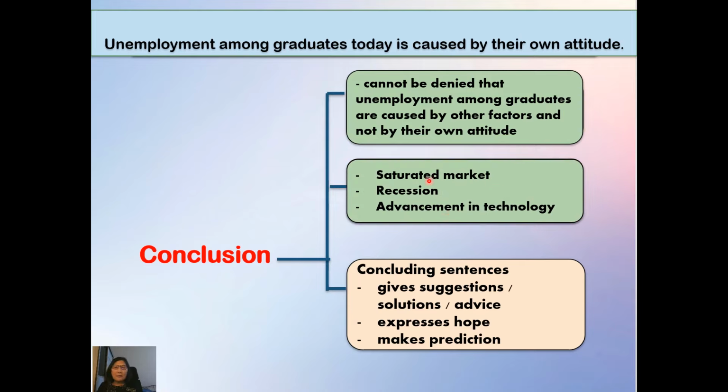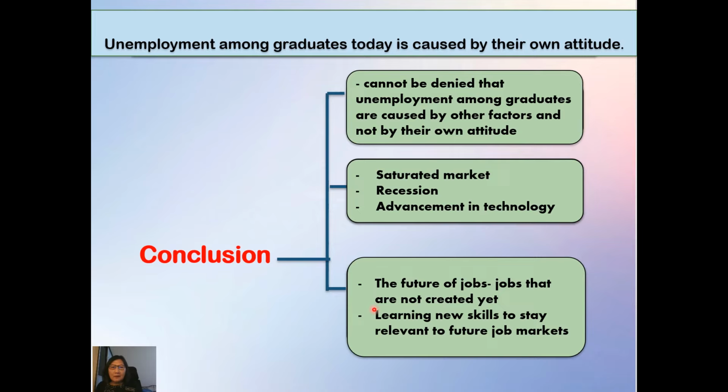So I can mention this, that if it's not because of their own attitude, then it is because of the saturated market situation due to recession as well as advancement in technology. Then I provide a few concluding sentences here. Okay, so I can talk about the future of jobs. That is jobs that are not created yet, right?